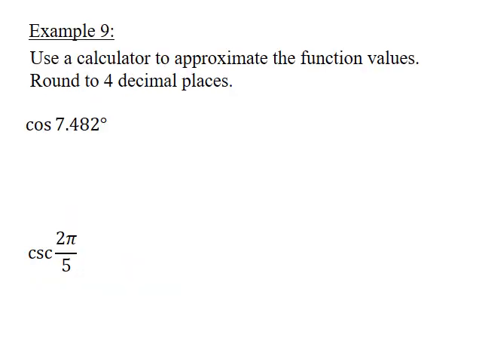Finally, use a calculator to approximate these values. If the argument is in degrees, you should be in degree mode. If the argument is in radians, you should be in radian mode on your calculator. You will find that on your calculator you have cosine, sine, and tangent. So this you can just plug in right away in degree mode and end up with this.